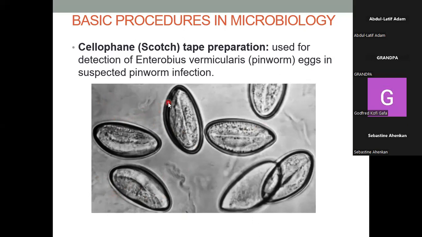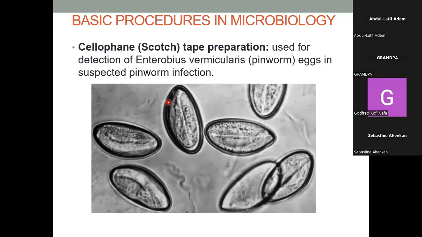Therefore, when you pass stool, they will just be stuck there, and that's why you don't get them in stool. You never get them in stool because of this kind of characteristics. All right. So that's how it is.